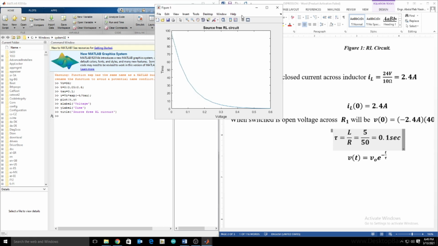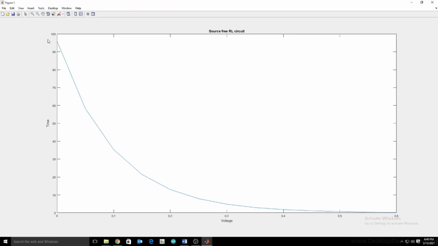So here we have the graph. The initial voltage, you can see, is 96 and it's decreasing, and time is from 0 to 0.6 with an increment of 0.05.